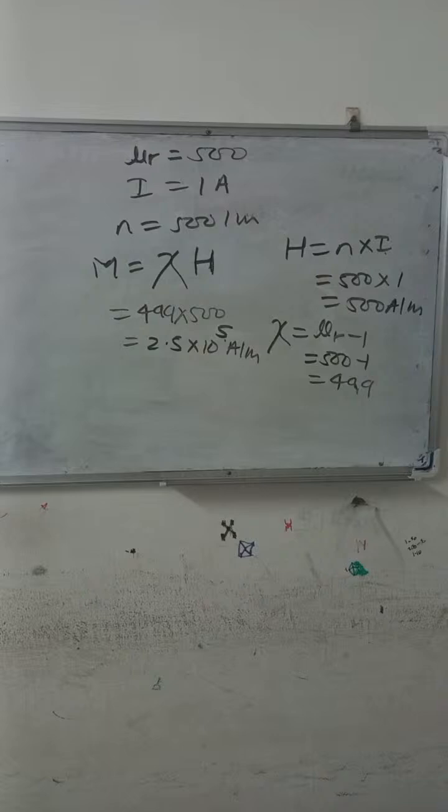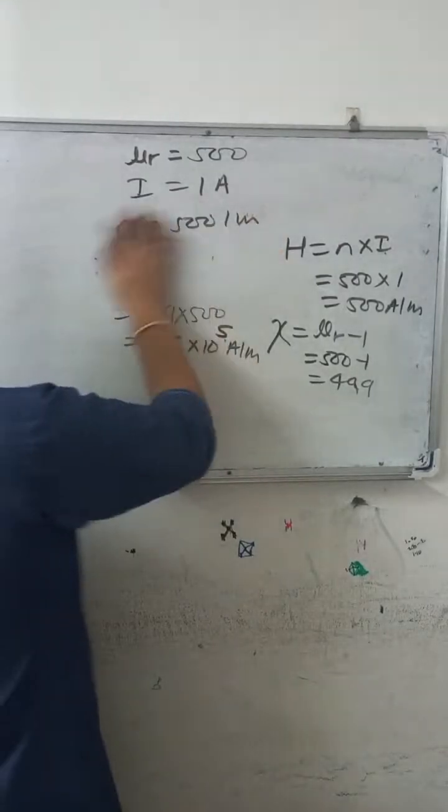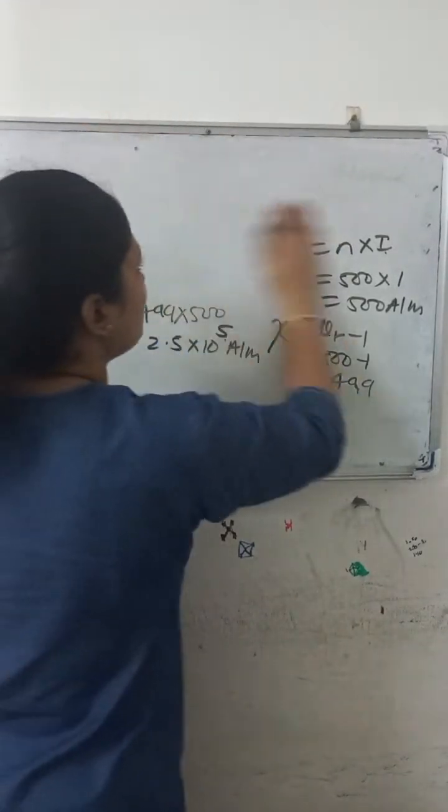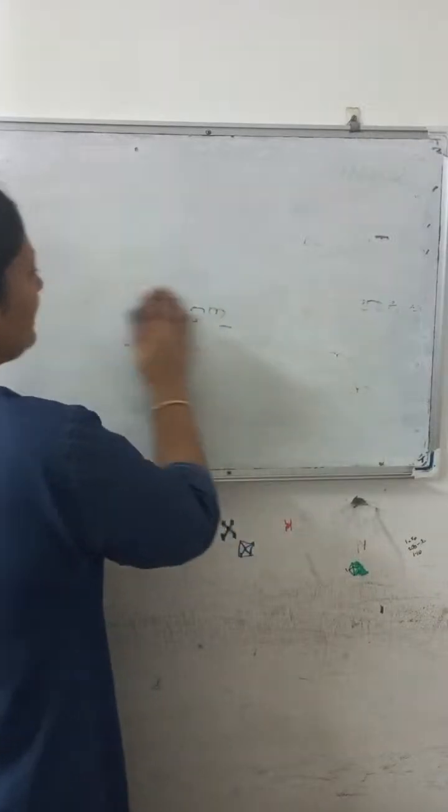So in short, we have to calculate the magnetic field at the equatorial point and the magnetic field at the axis. You know the formulas.